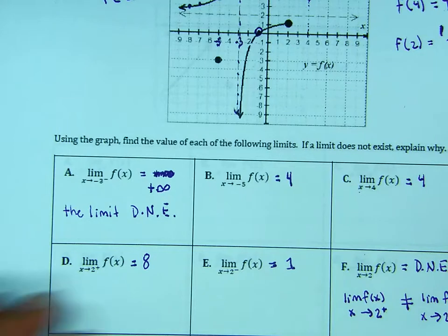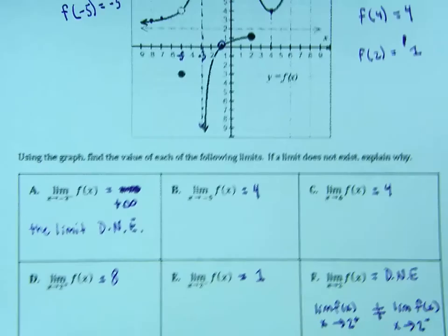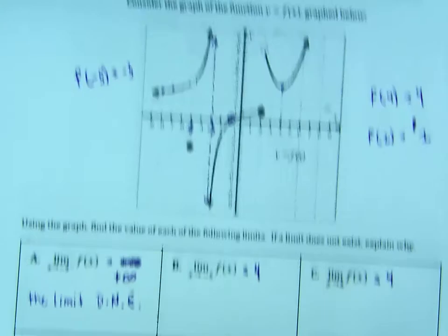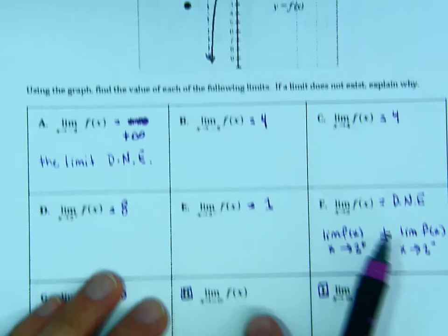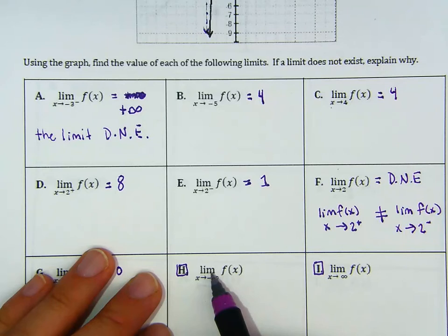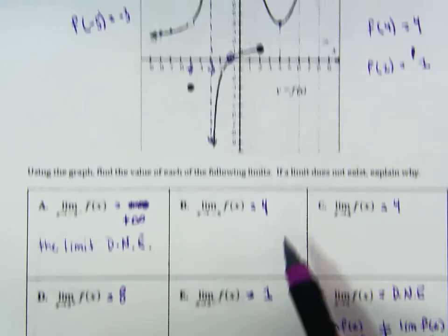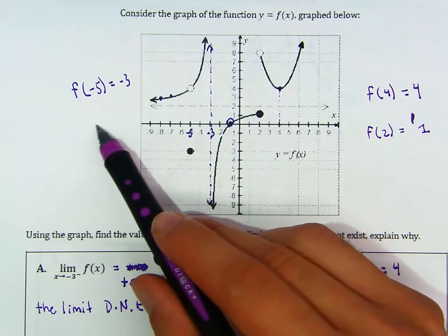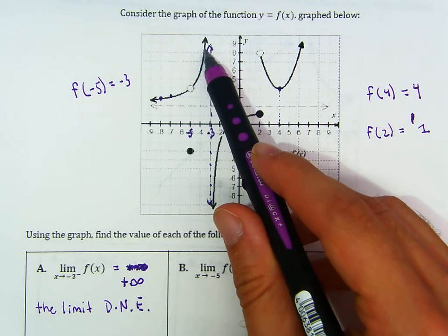Okay, what I'd like you to do is try. Actually, you know what, H and I we're going to skip. I should not have put those, but I'll just go over the idea. Let's read it together. It's saying the limit of f of x as x approaches -infinity. So as x is getting closer and closer to -infinity, what is happening to this graph?